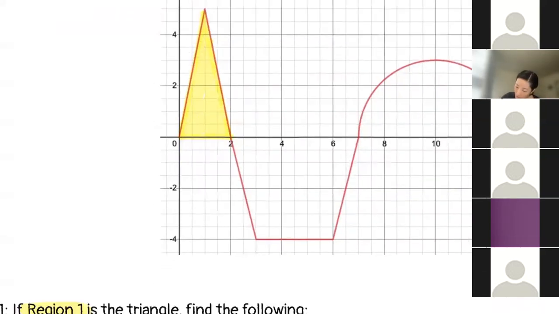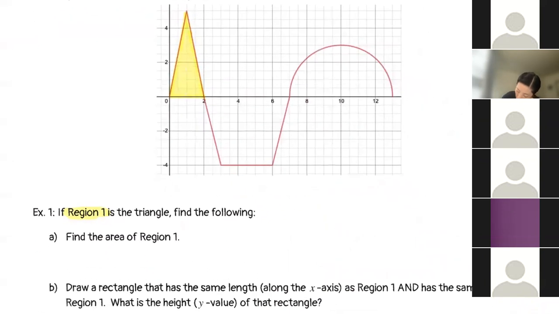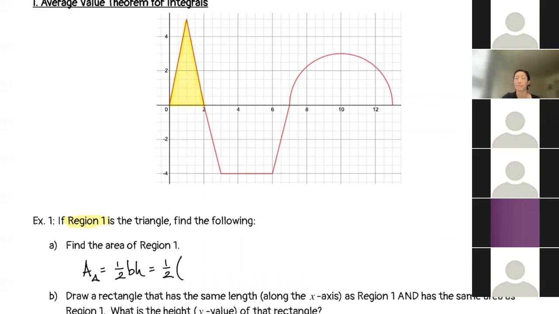All right, so in this case, can someone tell me what the base is and what the height is for this particular triangle? So what values might we want to plug in? Base is 2, height is 5.